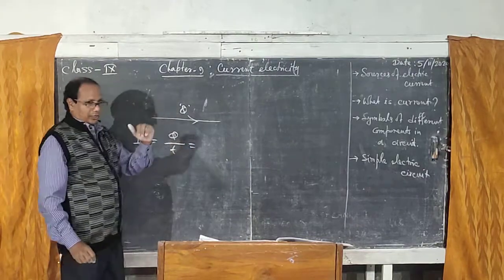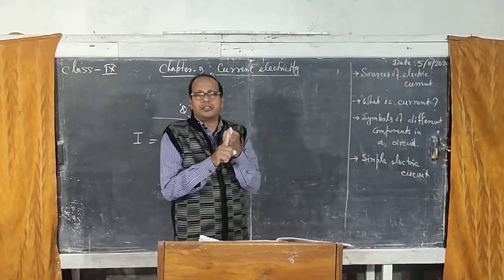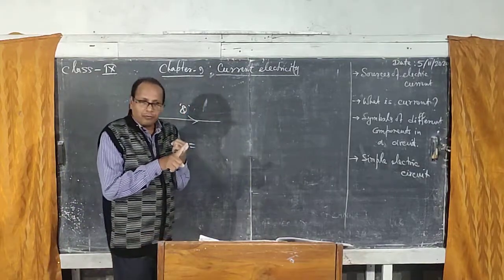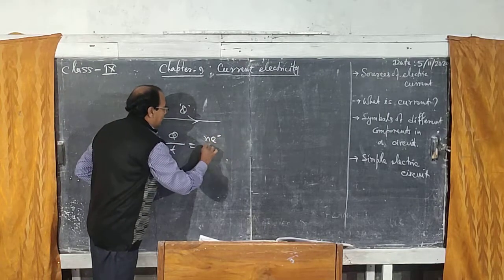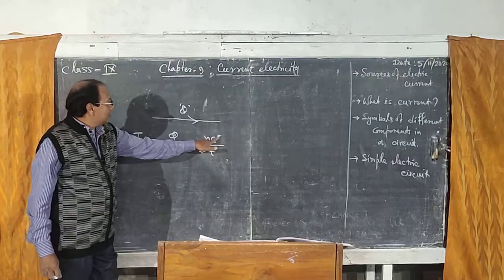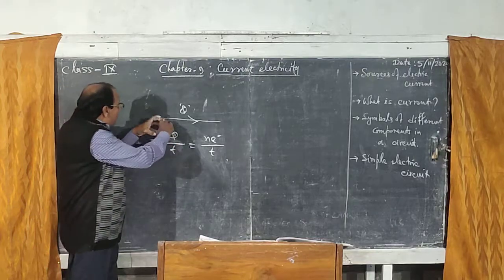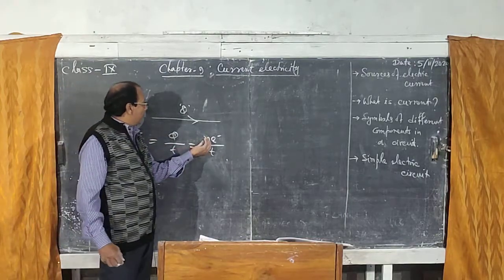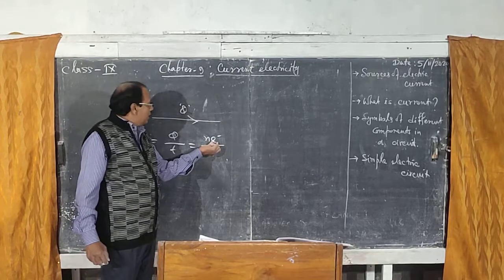Now what is charge actually? Which charge flows? As you know, only electrons can flow. Positive charge cannot flow. So here charge we can say is Ne minus by T. N stands for the number of electrons, and e minus means the charge of one electron. So the full charge, the whole amount of charge, is the product of the number of electrons and the charge of one electron.